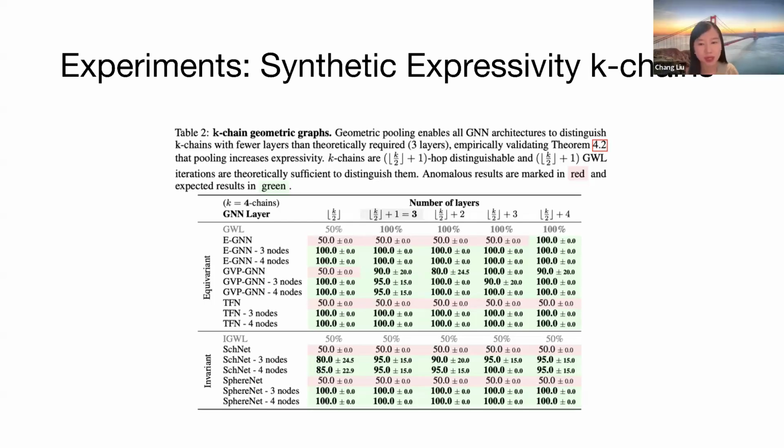So from this table, we can see that pooling can enhance expressivity by enabling the model to distinguish geometric graphs it previously could not. Because you can see that the number of layers needed to distinguish the graphs is reduced compared to the initial graph neural network definition.